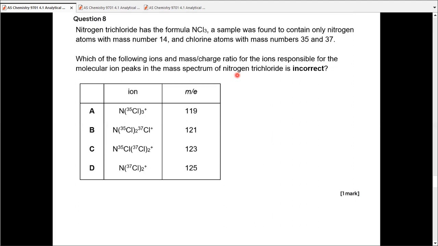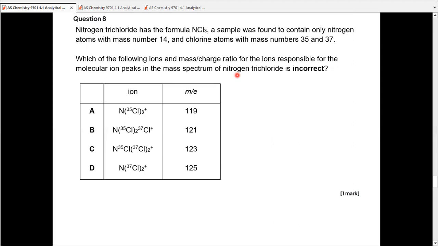It could either be B or C. Pick one. But it says incorrect. So option A. No, option A seems to be perfectly fine to me.